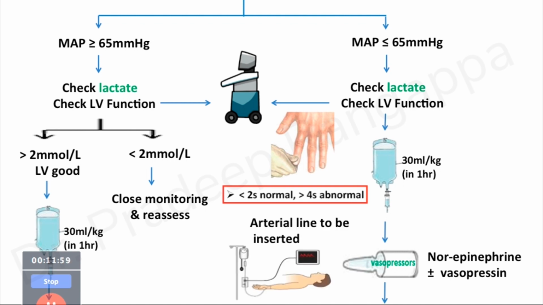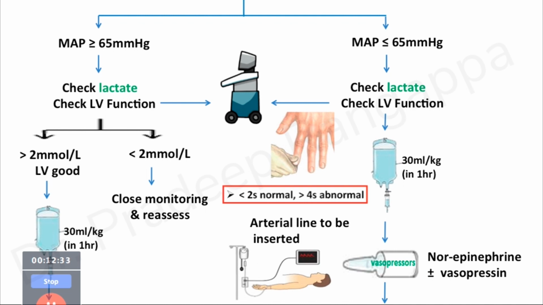Okay. And when the patient comes to this stage where you have given two follow-ups of fluid boluses as per the algorithm, and you are mandated to start vasopressors to maintain blood pressure, it is suggested, recommended and desirable to have an arterial line in place to closely monitor the blood pressure in real time, because non-invasive blood pressure may be a little inaccurate and does not show a real-time representation of changes in blood pressure.